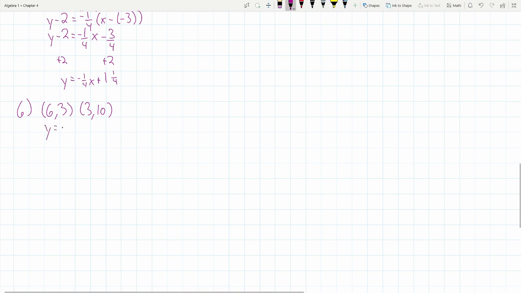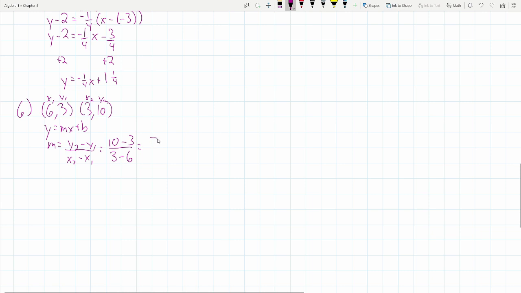I'm going to do y equals mx plus b. That way we just kind of see that that way again. I'm going to say this is x1, this is y1, this is x2, this is y2. Slope is y2 minus y1 over x2 minus x1. y2 is 10 minus y1 is 3 over x2 is 3 minus x1, which is 6.